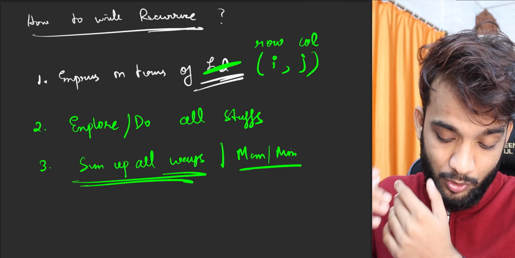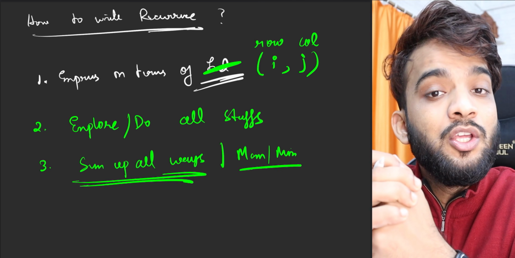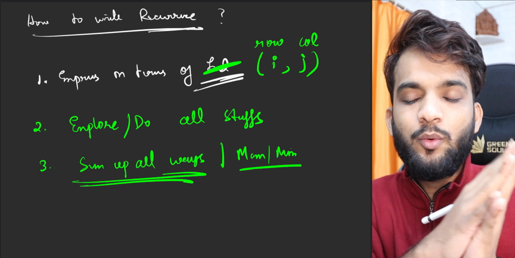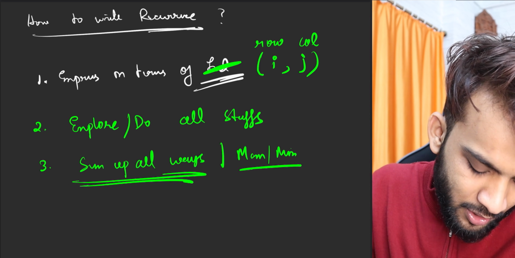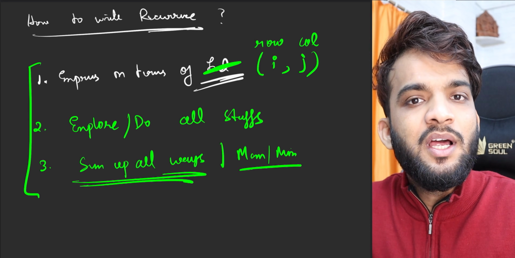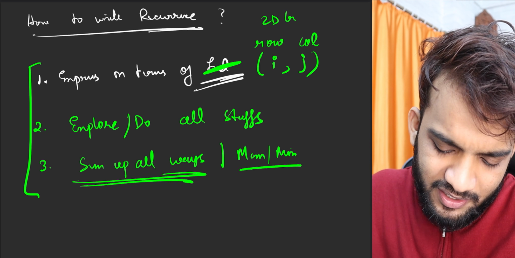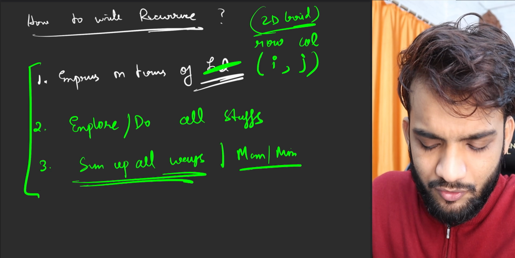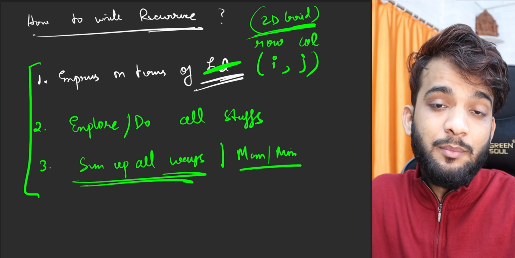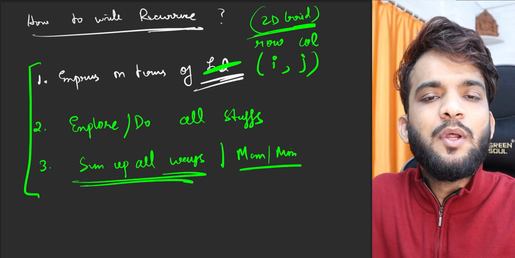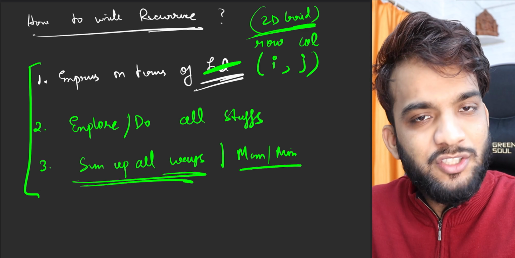If you're being asked for max and minimal, you'll take the max and minimal. Depending on your question, you're going to do this. So simply follow these three steps and you can write the recurrence for any 2D grid. And after that, the steps are very easy to convert a recursion to DP, to rather memoization, and then to tabular DP, and probably after that to space optimization, right?